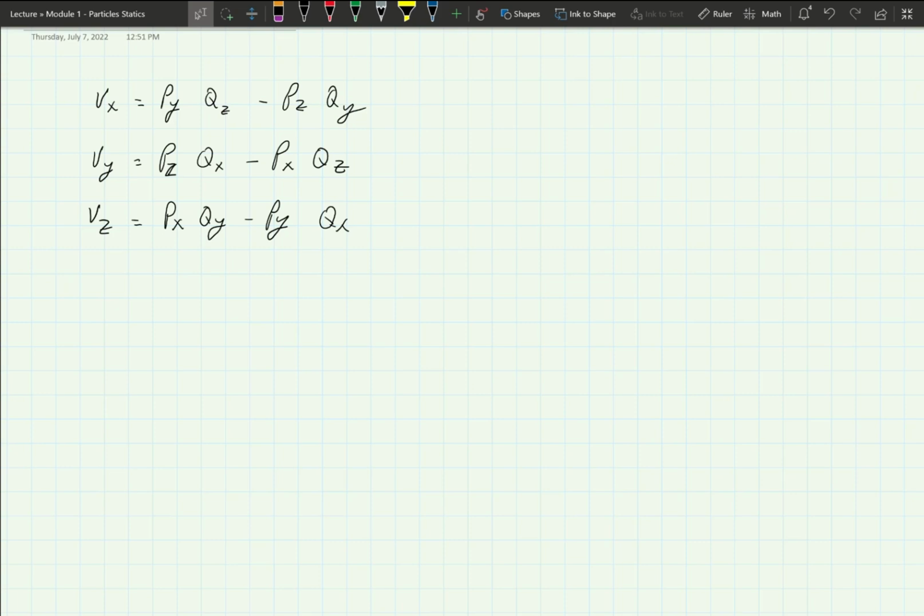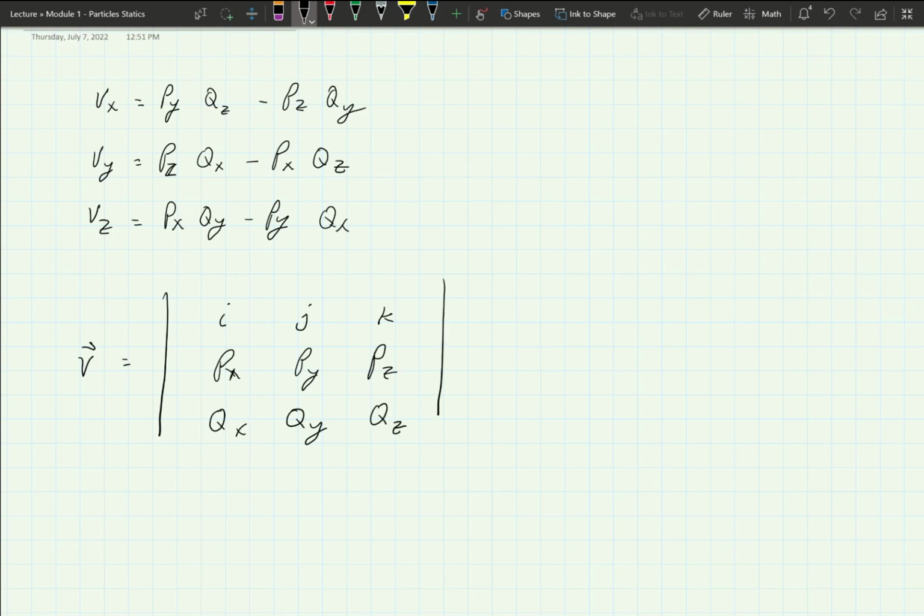So I'm going to rewrite this as v is equal to the matrix of i, j, k, and I'm going to have p of x, p of y, and p of z. Okay, and q of x and q of y with q of z. And then we put the bars on it, and that identifies a linear algebra matrix.